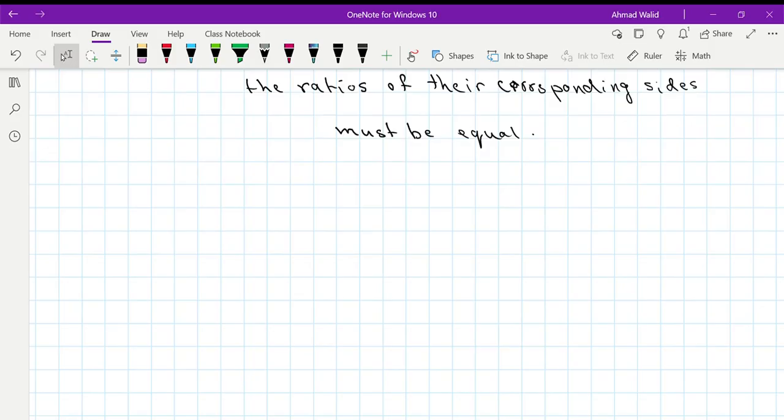Now, based on these two conditions, we can do a lot. We can solve a lot of word problems, or they give us two triangles and ask us to check if they are similar to each other or not. Correct? I'll do one example.